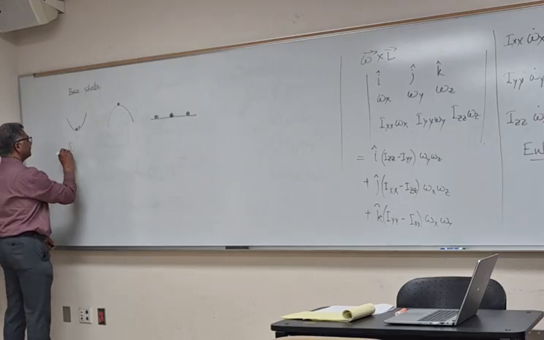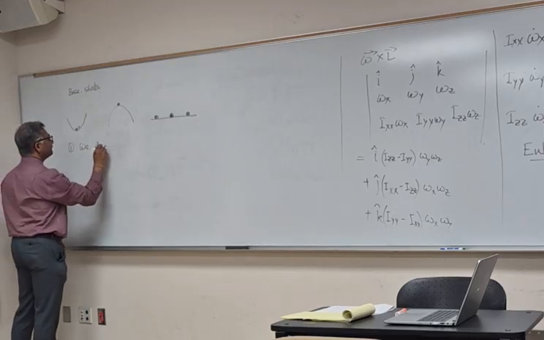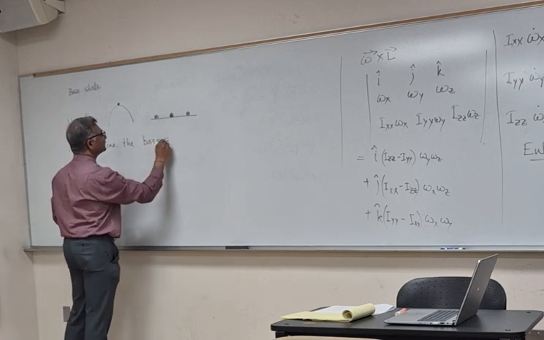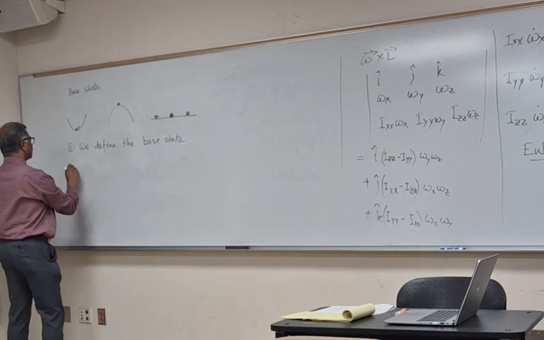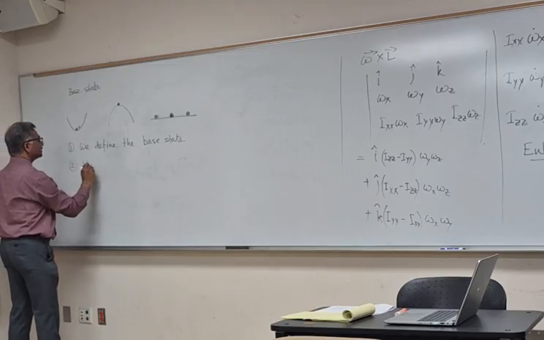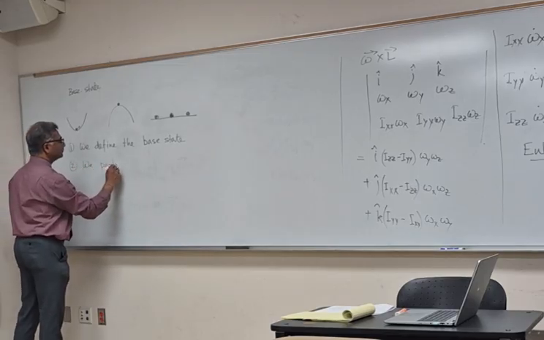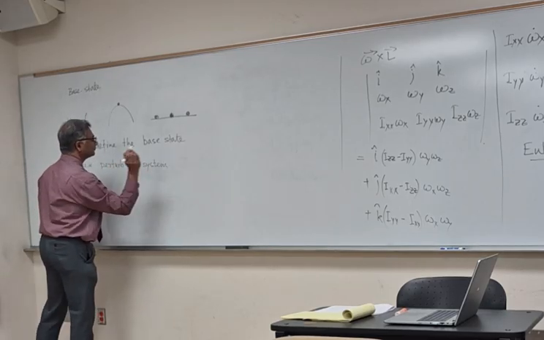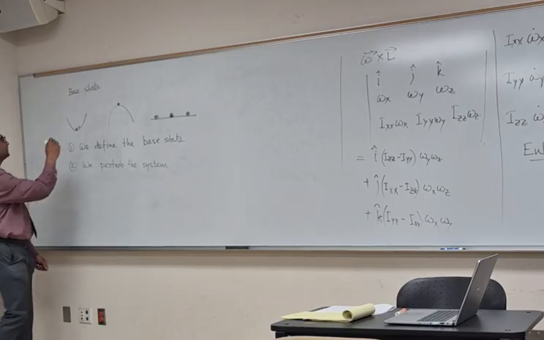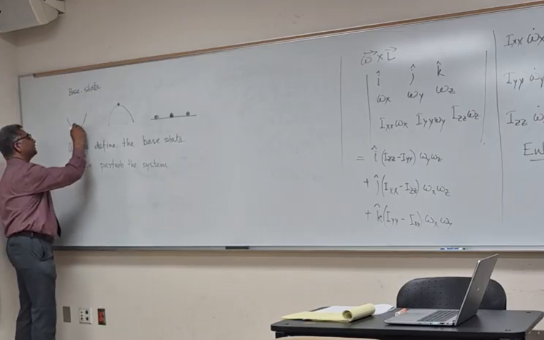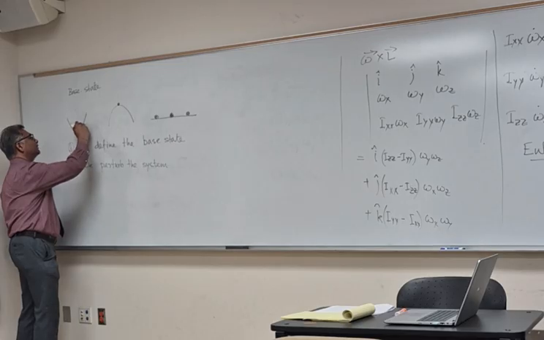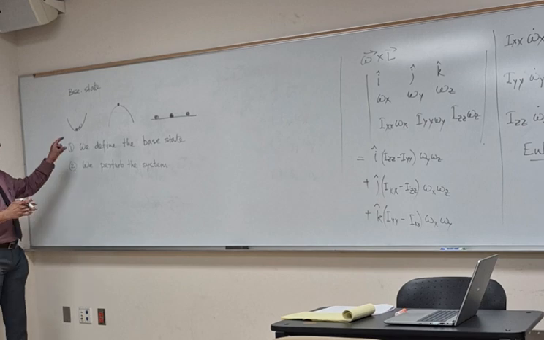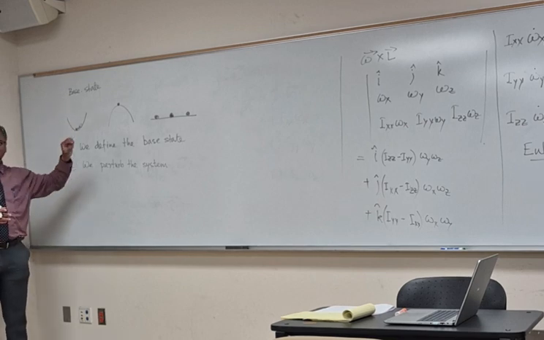So first of all, we define the base state. Number two, we perturb the system. Perturb means we pull the ball here and let it go, and then we watch what is happening to the ball.